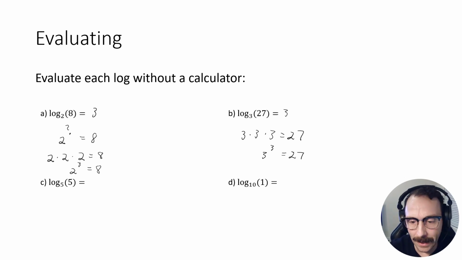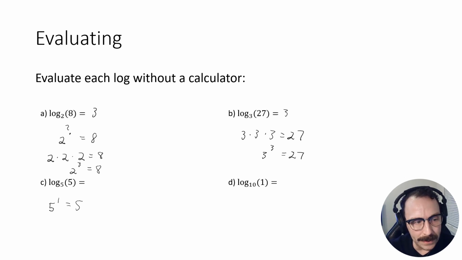All right, so I have two more challenging ones down below. I'm going to start with the base 5, and I'm going to ask the hard question: 5 to what power is equal to 5? We know, if I had to, I could write an exponent of 1.